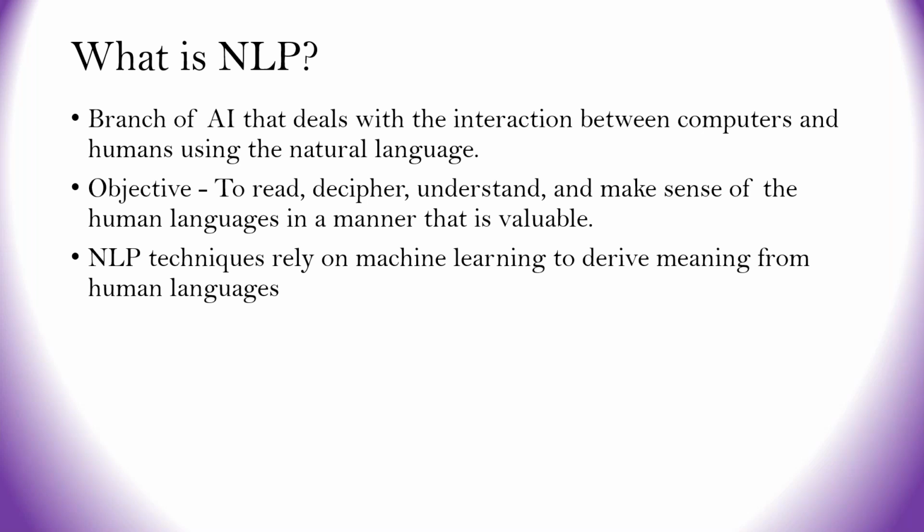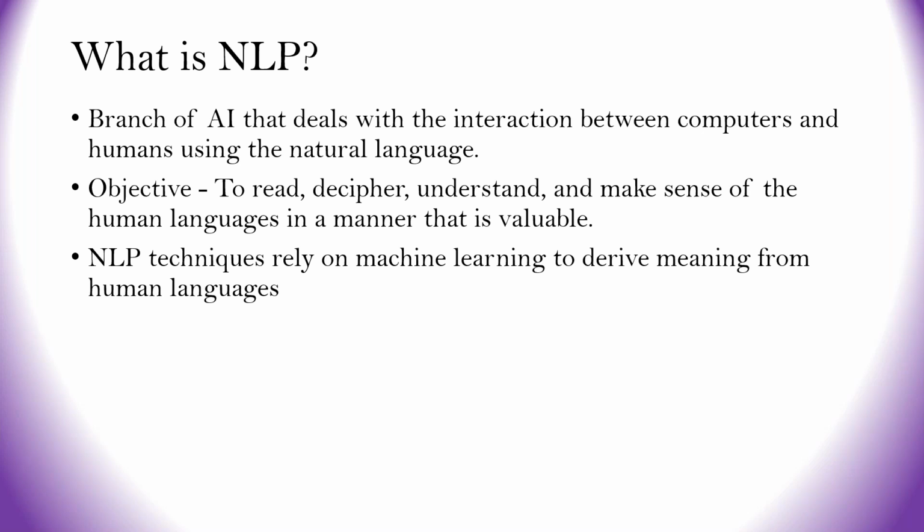So mostly all the NLP techniques rely on machine learning techniques, which allow us to derive meaning from human languages. Because the way we speak and the different kinds of annotations we use, the inner semantic level of the language we use, is totally different from how a human can interpret the information.